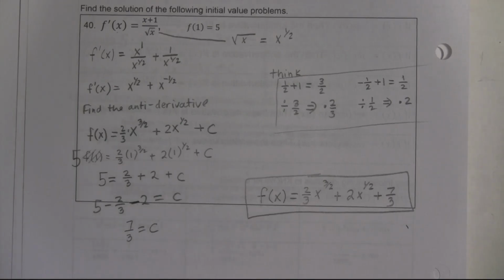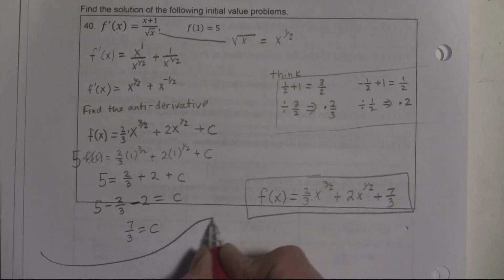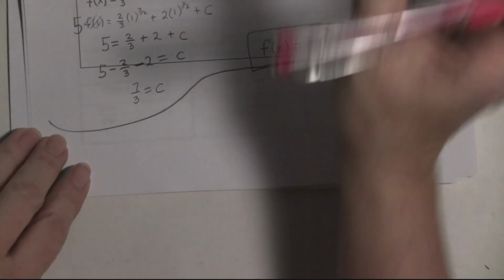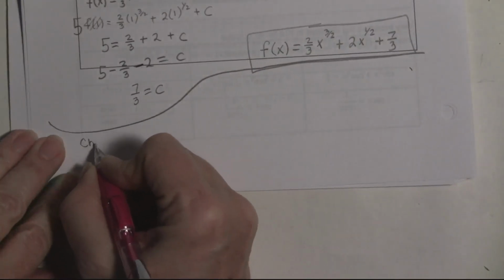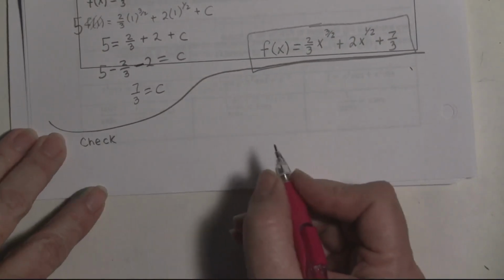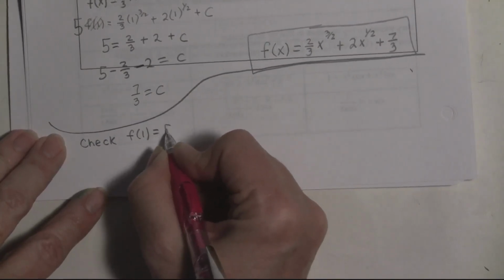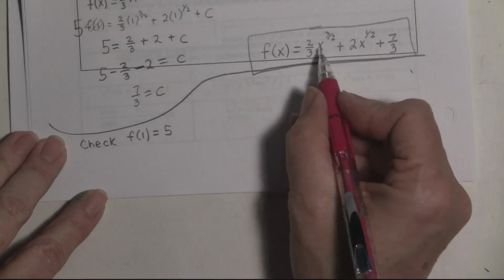So I'm getting here, I don't know, I'll put it right here. Maybe I can fit it right here. So down here below, and I'm going to just check that it worked. So I have to check two things. I have to check that f at 1 equals 5. So go right here and put in 1.